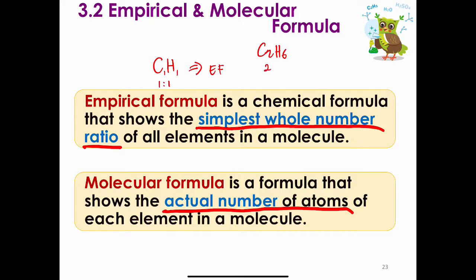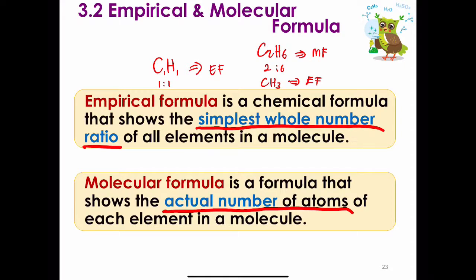So kita ada carbon dengan hydrogen, dia punya ratio is 2:6. Adakah boleh disimplifykan lagi? So since it can be simplified, therefore C2H6 ni considered sebagai molecular formula. Tapi bila kita simplifykan, kita akan dapat CH3. So 2 bahagi 2 1, 6 bahagi 2 3. So itu yang paling simplest ratio antara dua elemen ni, therefore ini adalah empirical formula.